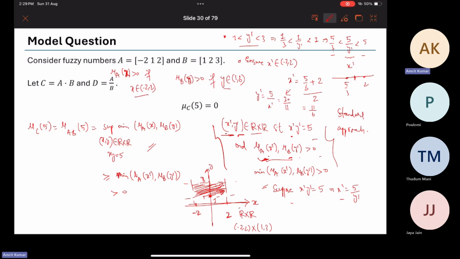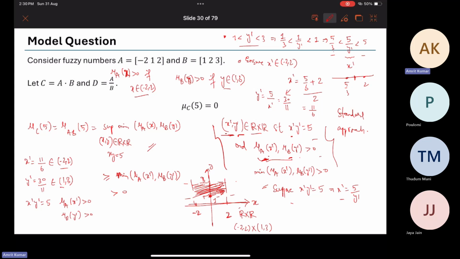So long story short, we're able to find x dash in -2 comma 2 and y dash in 1 comma 3 such that x dash times y dash is 5, and mu A of x dash is greater than 0 because it belongs to -2 comma 2, and mu B of y dash is greater than 0 because it belongs to 1 comma 3.